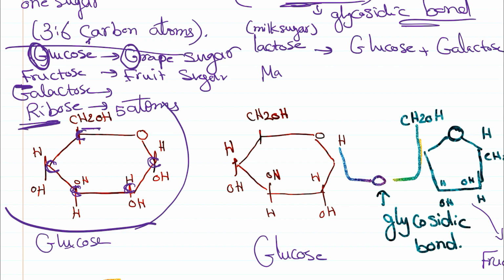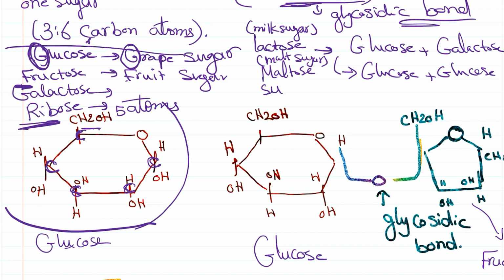Second, maltose, malt sugar, formed of glucose plus glucose, so 2 glucose together. Last one, sucrose, cane sugar, formed of glucose plus fructose.